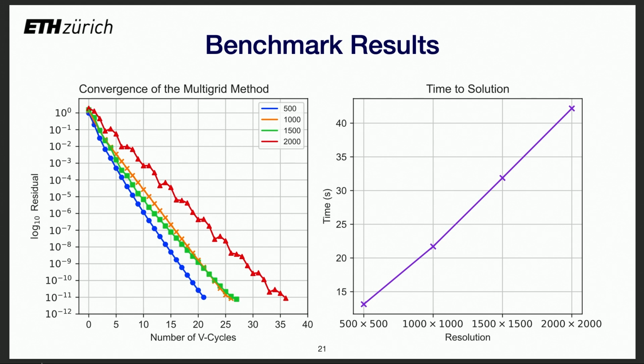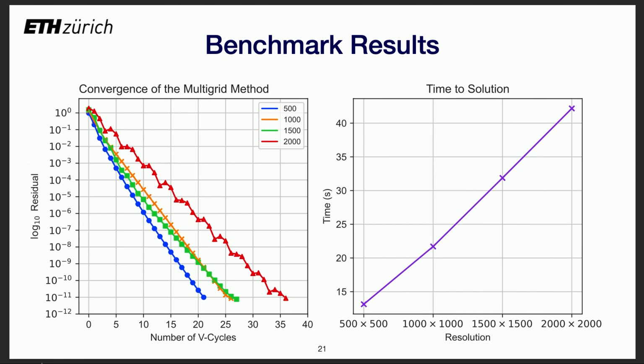And the nice thing is that even in the largest case of the 12 million by 12 million system, the actual compute time to solve this system is 40 seconds. So it's very, very fast, especially compared to the hours that it would take using a direct solver, even in a parallel setting.